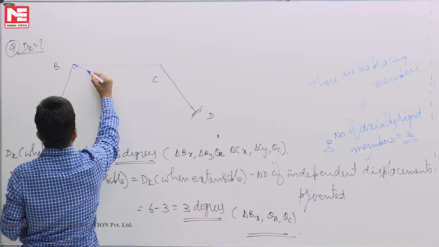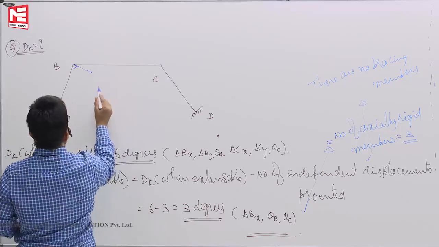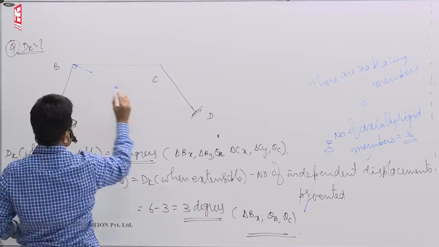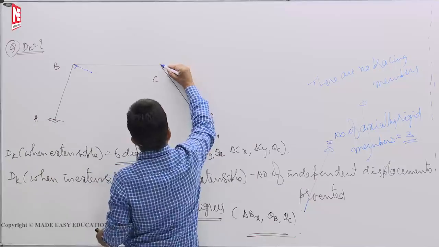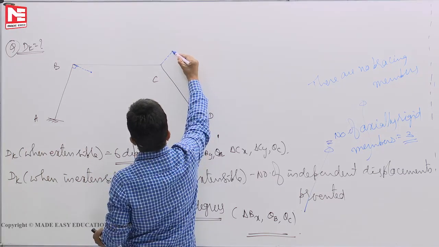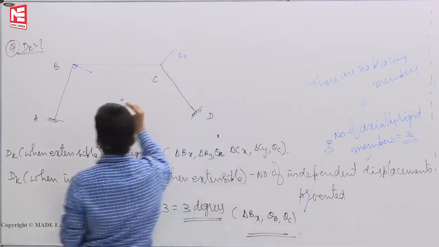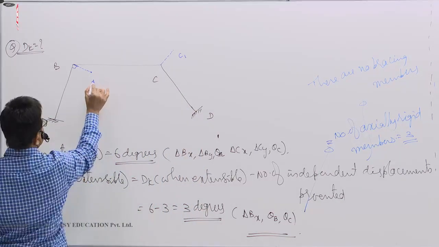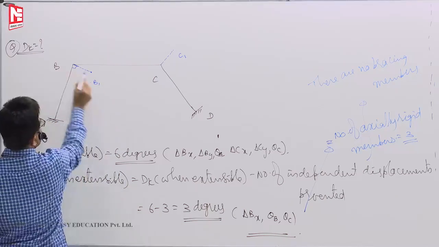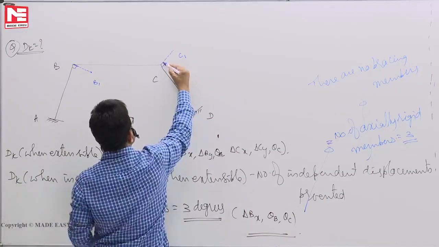This is the 90 degrees line. B has come to some B dash, let us say. CD is like this and it will go like this. C, let us say C1. This is, say, B1. To this 90 degrees, to this 90 degrees.